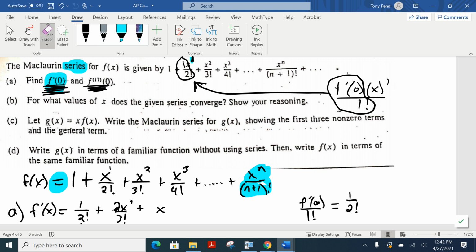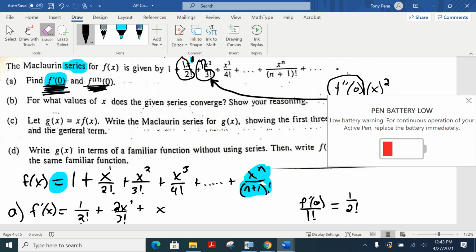I'm good with that. So I'm going to erase it. All right, and the next one. No, I won't erase it. Not all of it anyway. If I wanted the second derivative, second power, second factorial, that would be this term right here. So we have the x squared, but notice how we got 1 over 3 factorial. So 1 over 3 factorial has to be equivalent to f double primed divided by 2 factorial.